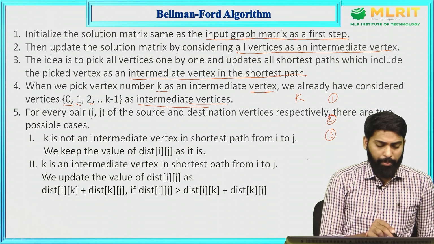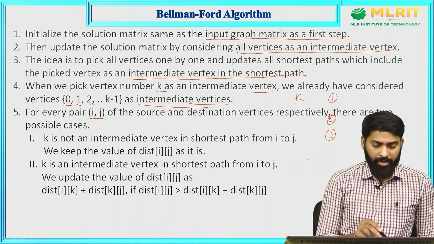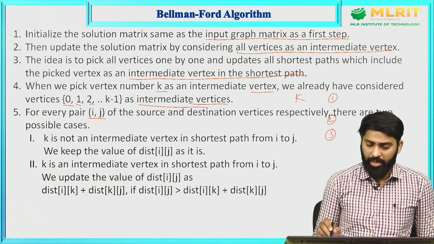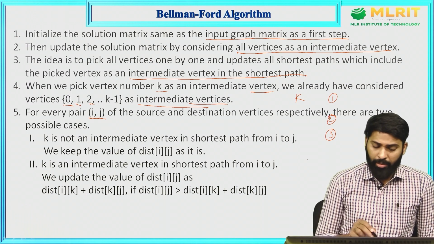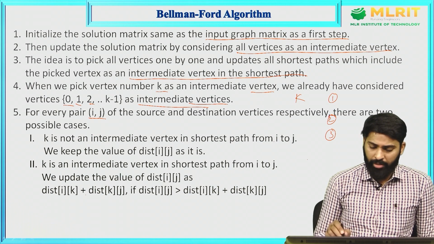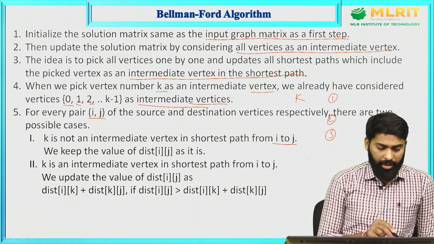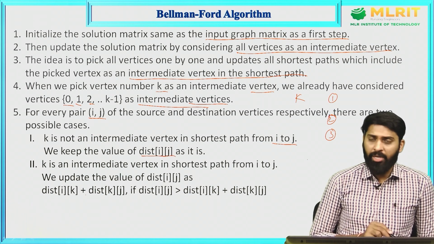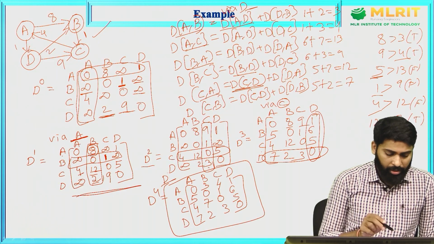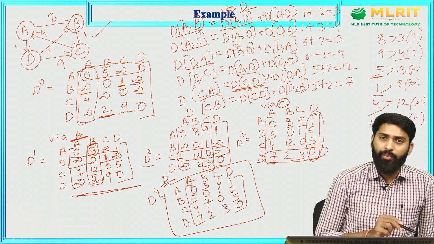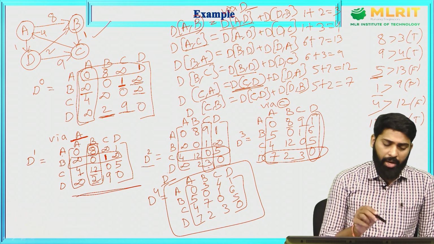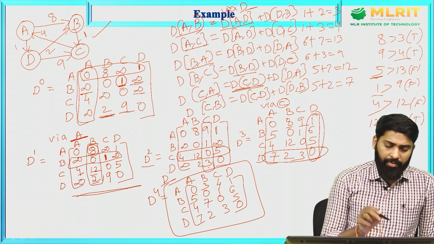For every pair i comma j of the source and destination vertices respectively, there are two possible cases. K is not an intermediate vertex in shortest path from i to j. We keep the value of distance of i comma j as it is. So what it means? If there is no edge between those nodes, then we are going to write infinity, or if there is no path, then we are going to take the previous value only.